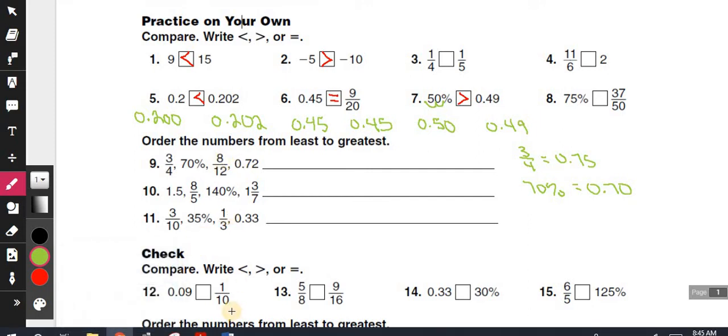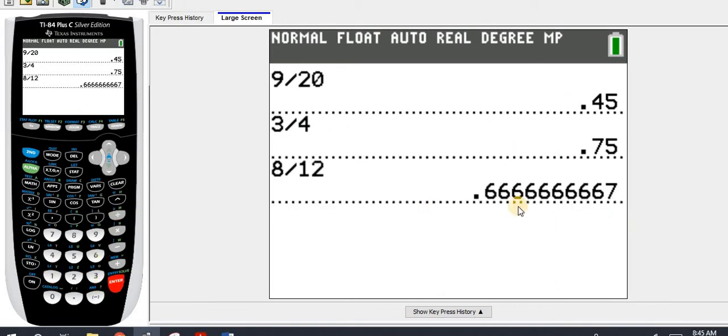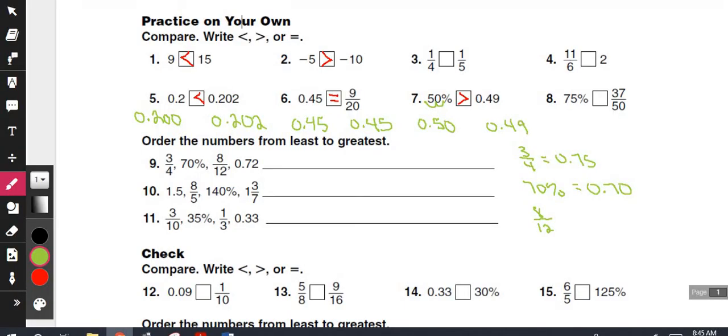Next, we've got 8/12. Well, let's see what 8/12 turns out to be. Go to my calculator. 8 divided by 12 is going to be 0.6 repeating. So my recommendation here would be just to write 0.66666.